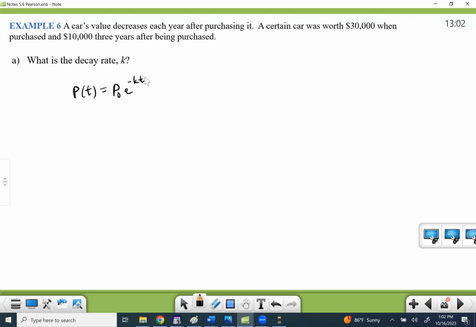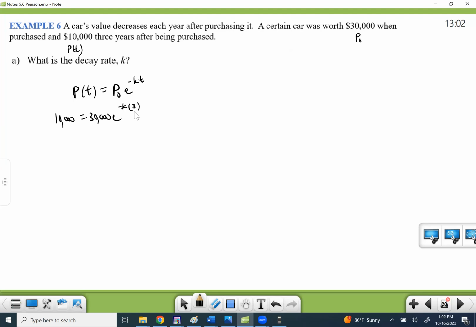What is the decay rate? So the original amount is going to be 30,000. The 10,000 is going to be the amount after some time has passed. So we're going to put 10,000 here, 30,000 here. And we know that the time was 3.